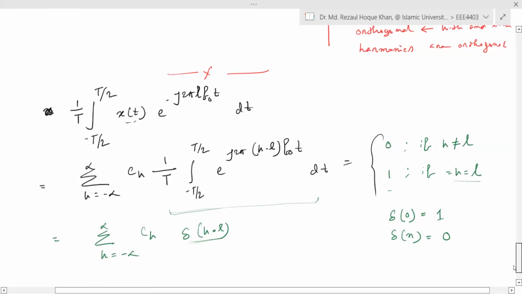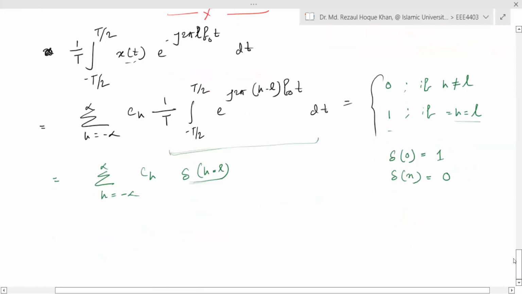What is this n? n is any other integer, except this L, any other integer.